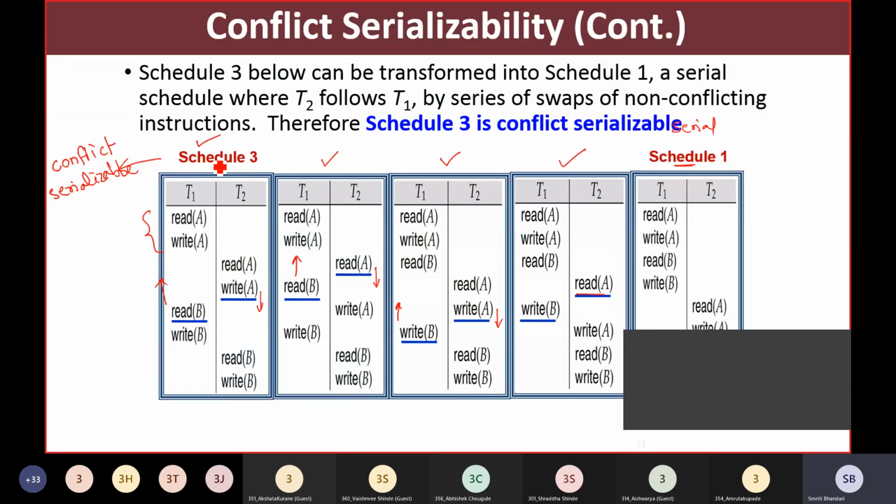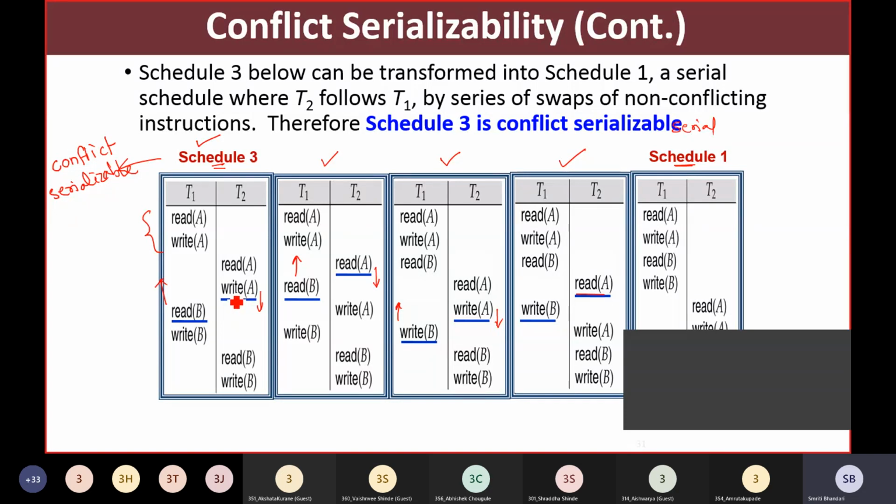Why? Because it is producing a result which is similar to that of a serial schedule. Now, how do we test whether this schedule is conflict serializable or not? We have some rules. So what are those rules? I need to find out the consecutive instructions.